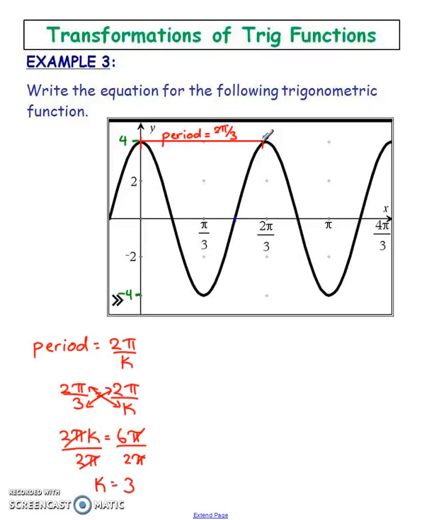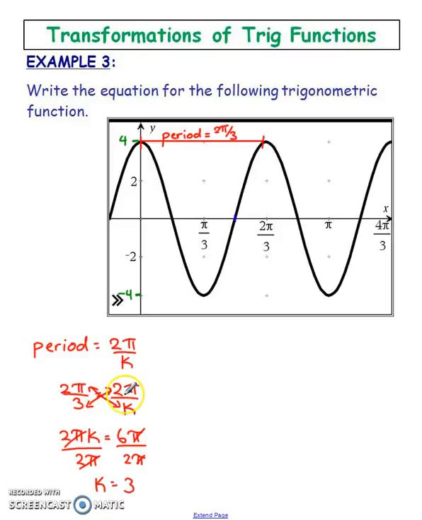Okay, so let's start calculating. Now I noticed that from 0 to 2 pi over 3, that's going to be my period. I'm going to use the equation, period equals 2 pi over k, and I'm going to put that 2 pi over 3 right here. Okay, so that's where I got this from. This is just the rest of the equation that I just wrote down, and I'm going to calculate what k is.